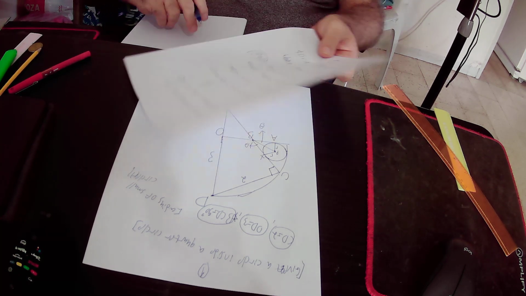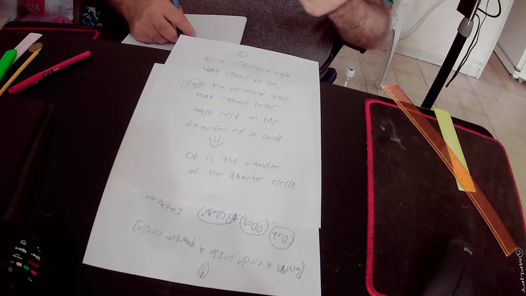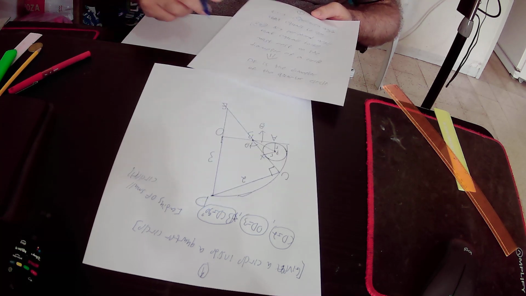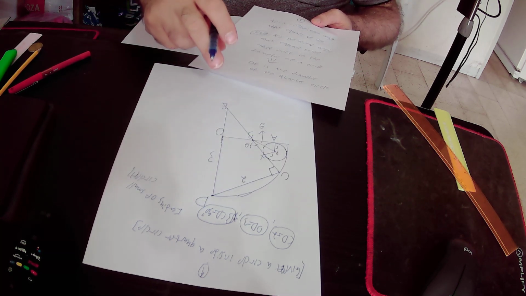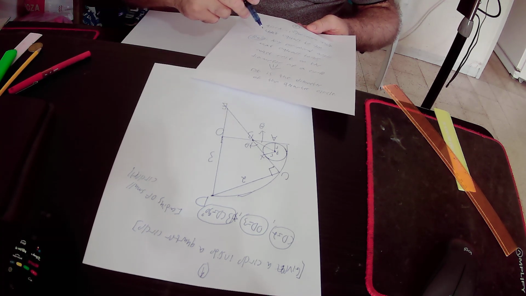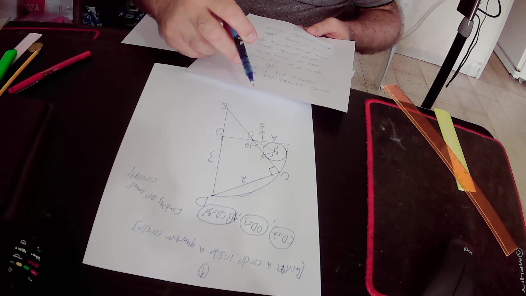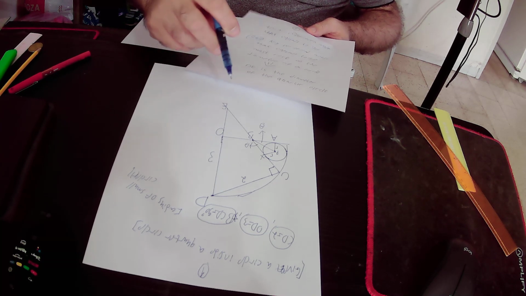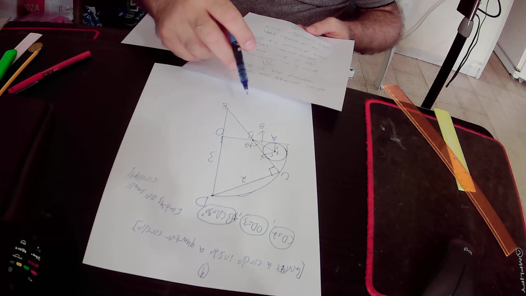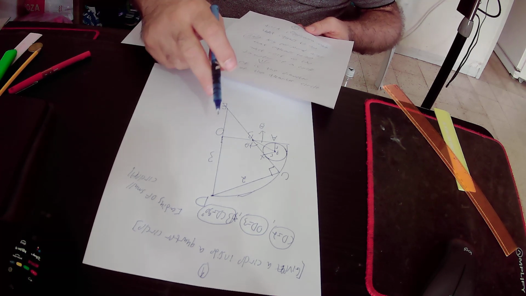Again, from the rule that I stated, we can conclude that DE is the diameter of the circle because the peripheral angle DCA rests on DE, and the rule states that any peripheral angle that equals 90 degrees must rest on the diameter of the circle, and peripheral angle DCA that equals 90 degrees rests on DE.